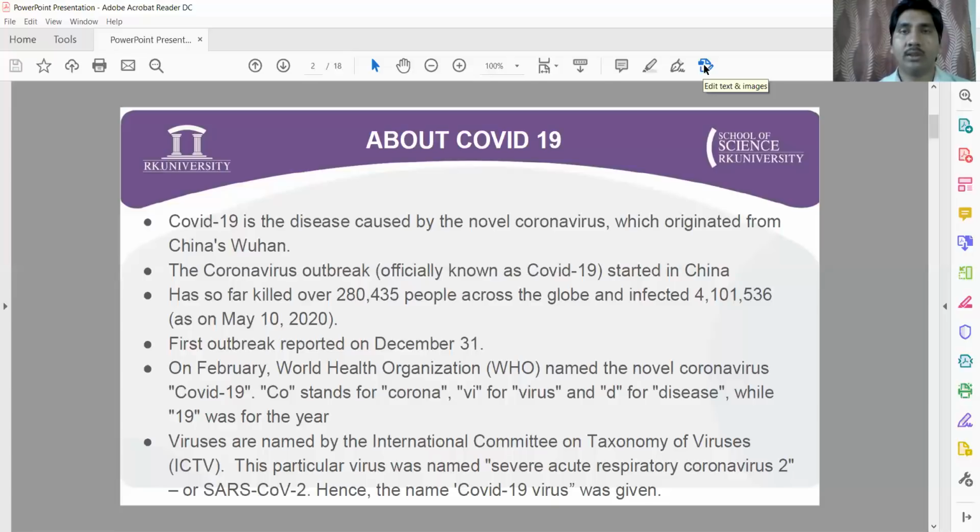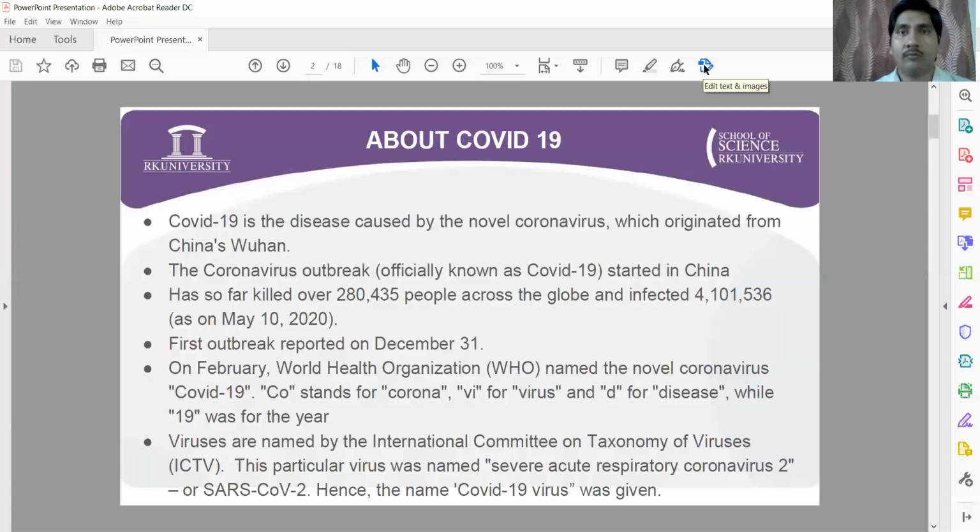The third and fourth letters, VI, represent virus. And the D represents disease. It means COVID is the disease which is caused by coronavirus. The numerical digit 19 represents the year in which it was first reported, that is 2019. That's why the whole term came, COVID-19.